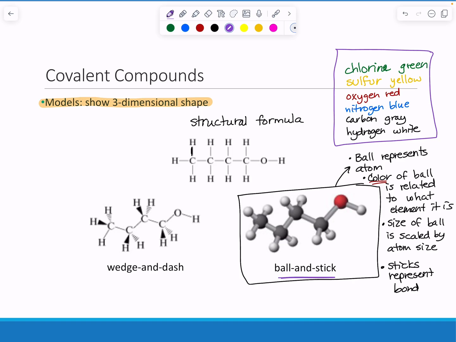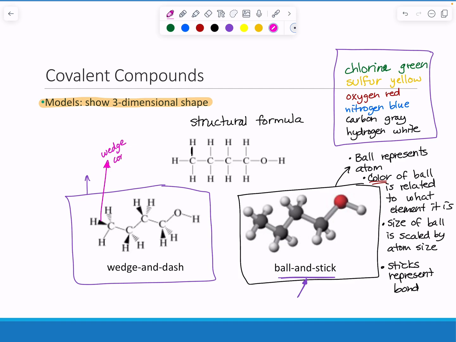So the ball and stick is the type of model that you saw when you did the lab with WebMO and you were rotating it on the computer. You could see where things were closer to you or farther away and how they were projecting in space. Now the way we do this on a piece of paper, if we were drawing a molecule, is something called wedge and dash notation. So the black wedge means it's coming towards you.